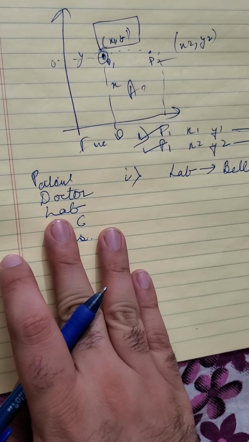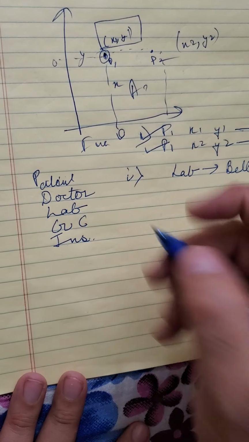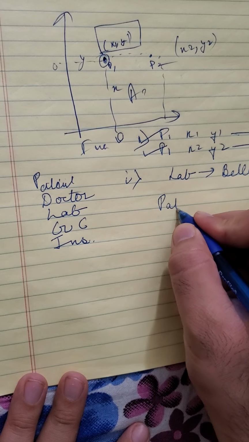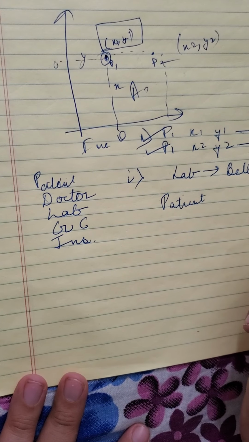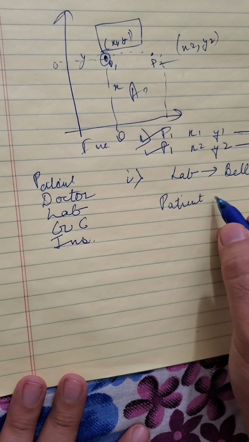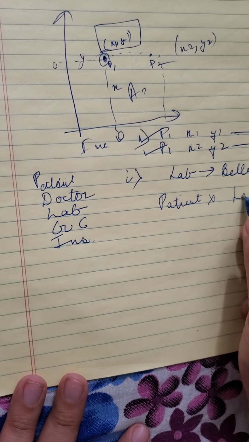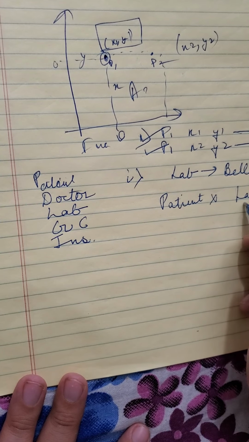All the patients who went to the laboratory situated in Bellandur. In that case, you just need patient.csv, right? And you have to see how many patients go to lab.